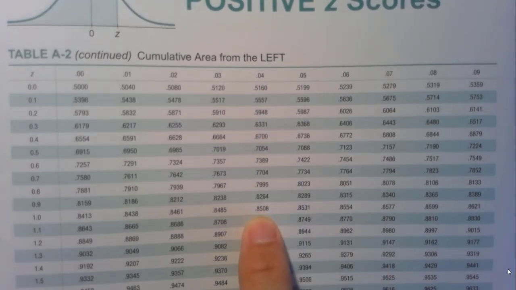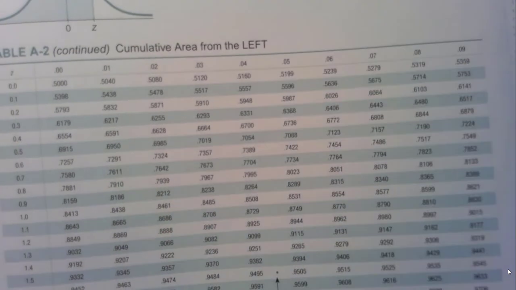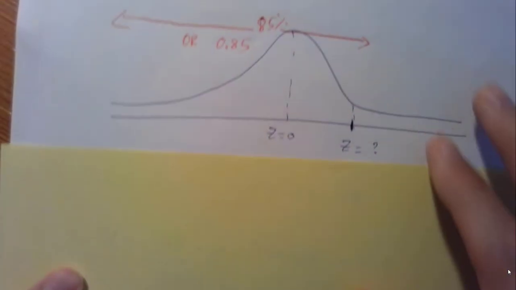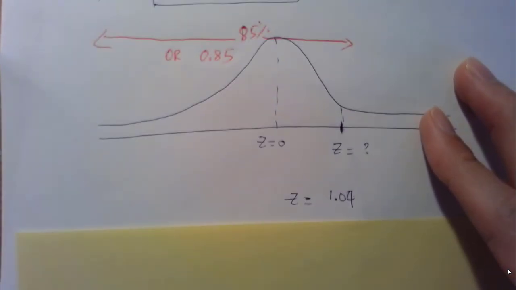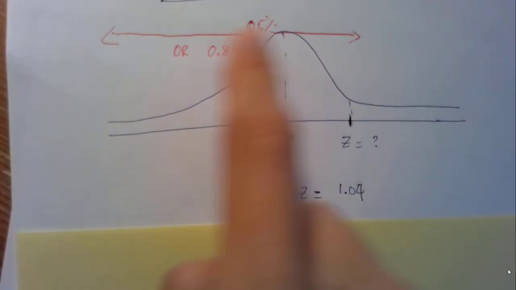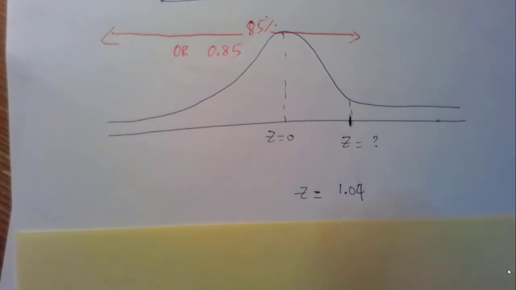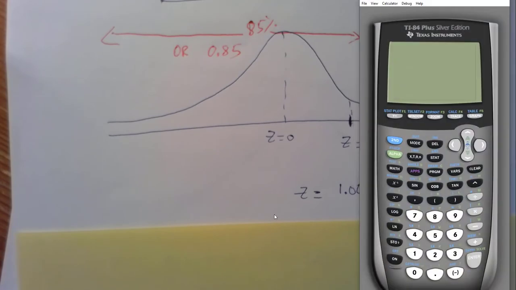So 1.0 and 0.4 is 1.04. So 1.04 is the corresponding z-score that has the area of 85%, or 0.85, to the left side of that z-score.